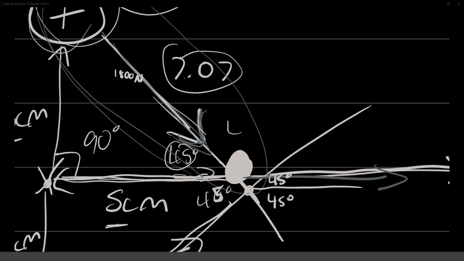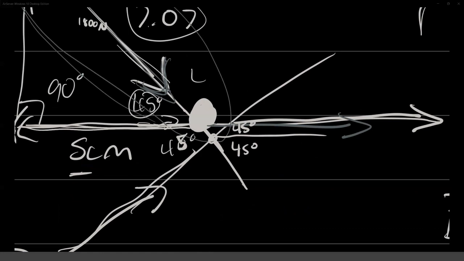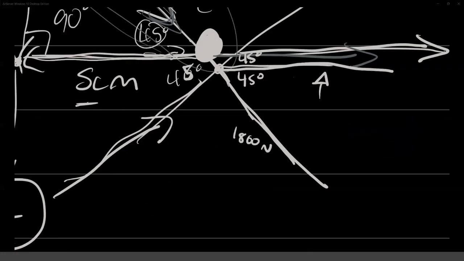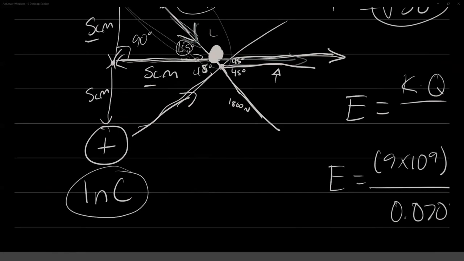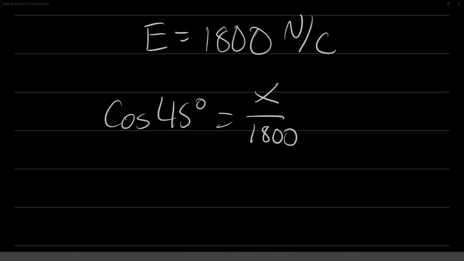Because like I said, this is the same angle here, this is the same force on this side. If we continue these triangles out, this is also going to be 1800 newtons. So we're solving for this line specifically, right? This is our angle. Adjacent over the hypotenuse is what cosine is equal to, and we have the hypotenuse, and we're searching for that adjacent line.